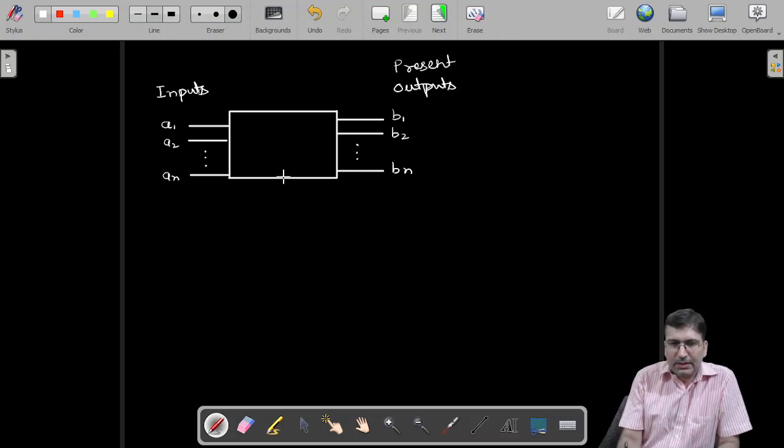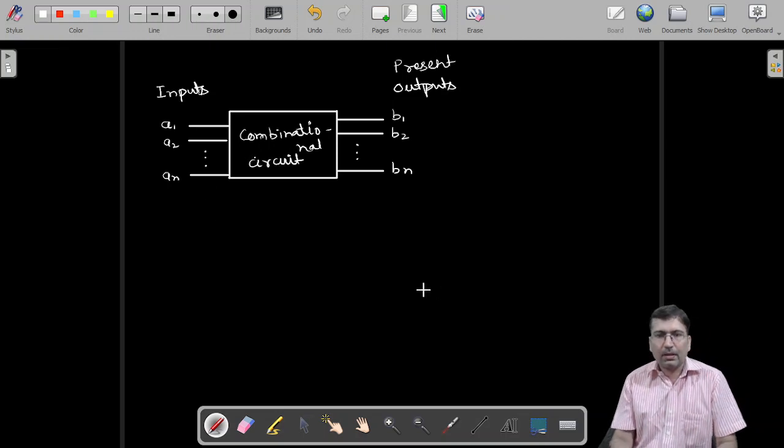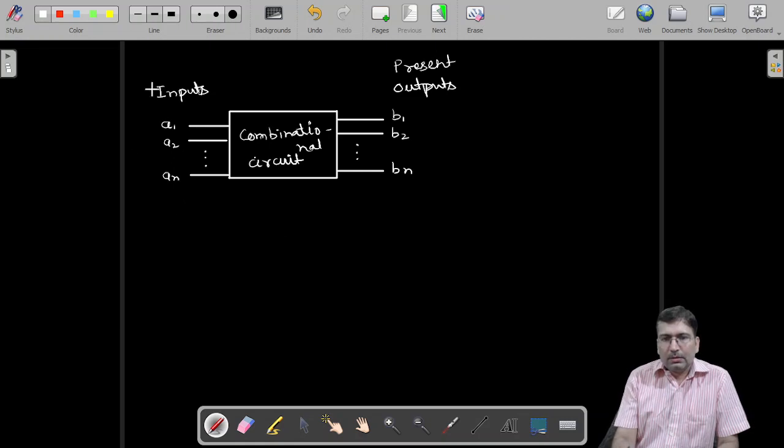So that is the basic property of a combinational circuit. This is a combinational circuit. The present output is directly dependent on the present input.